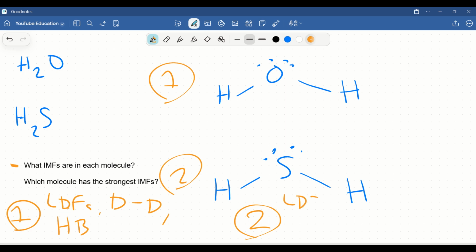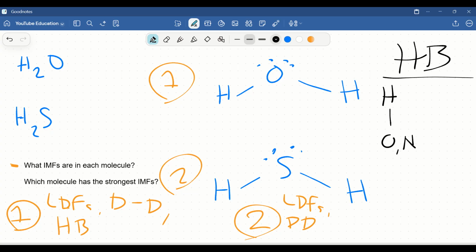All molecules contain that. It contains dipole-dipole because it's polar. And this is not an example of hydrogen bonding, because hydrogen bonding only exists if a hydrogen is attached to either an oxygen, nitrogen, or fluorine. And because it does not exist in hydrogen sulfide, it only contains those two intermolecular forces.